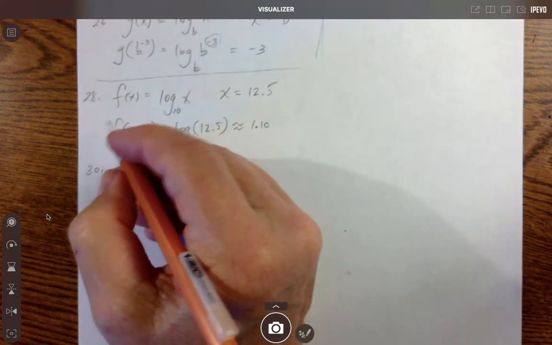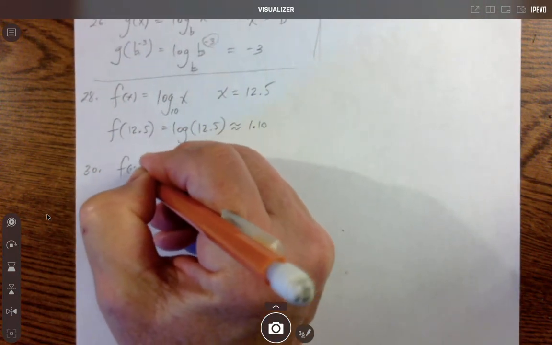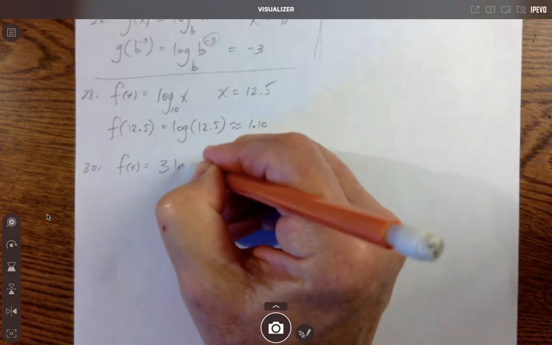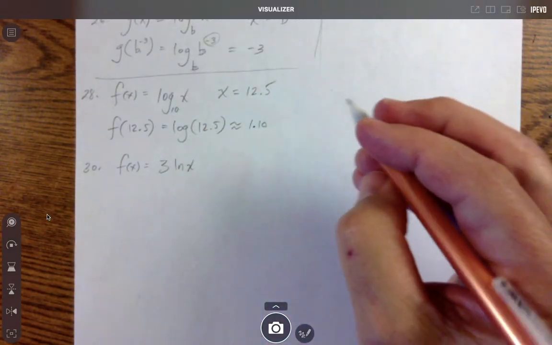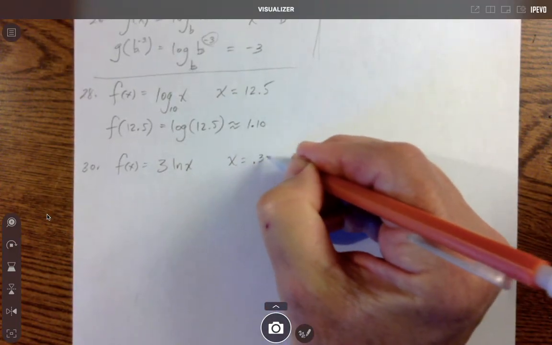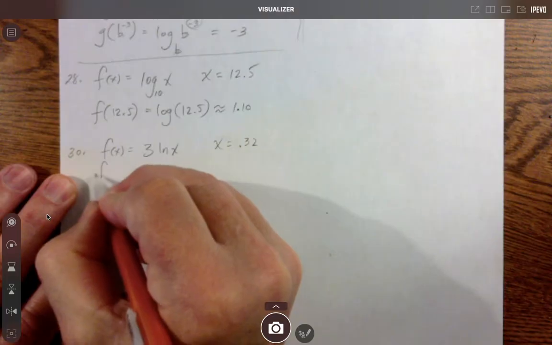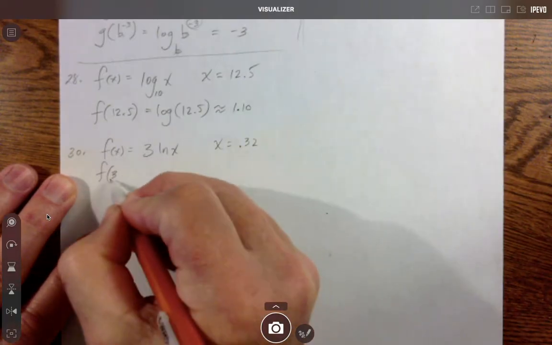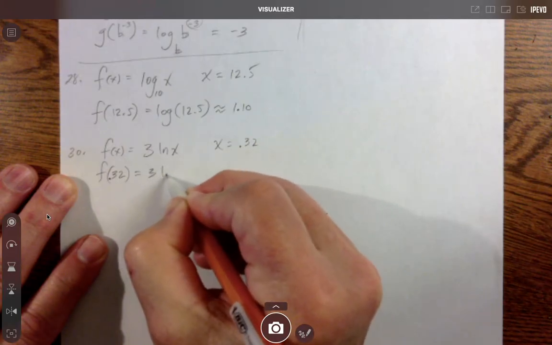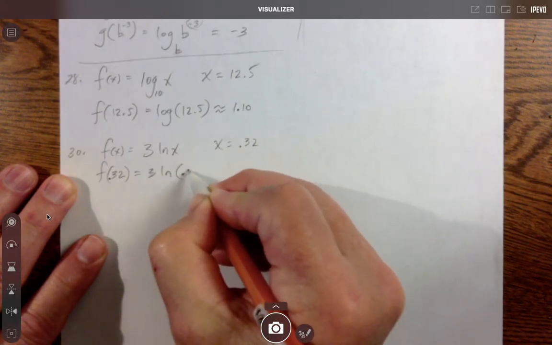So 30: f of x equals 3 times natural log of x, and x is 0.32. So if I'm going to do f of 0.32, sorry, 0.32, I get 3 times the natural log of 0.32.